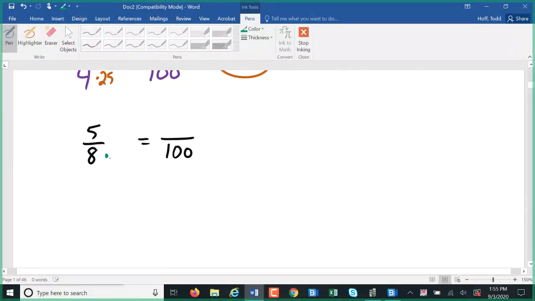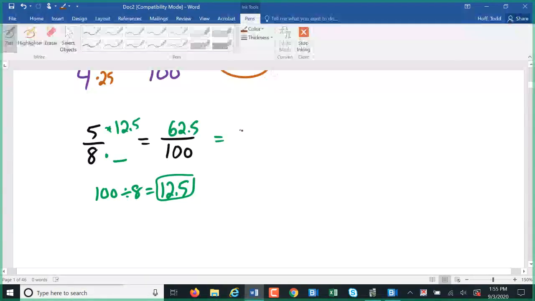Instead of figuring out what do you multiply 8 by to make 100, we go 100 divided by 8 equals that number. That's 12.5. That's what we have to multiply the numerator by. 5 times 12.5 is 62.5. 62.5 out of 100, or 62.5%.